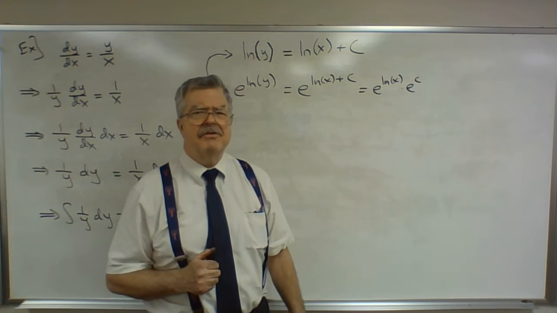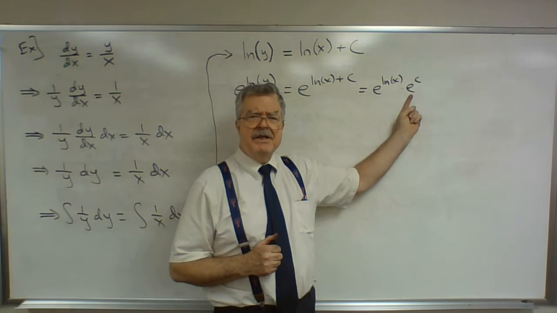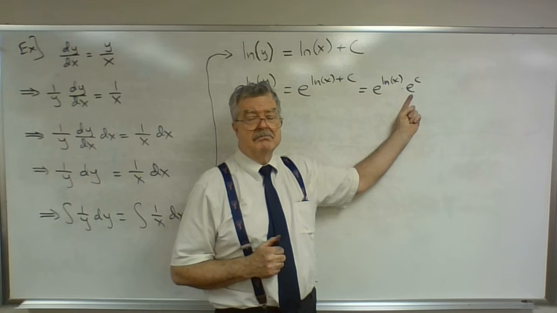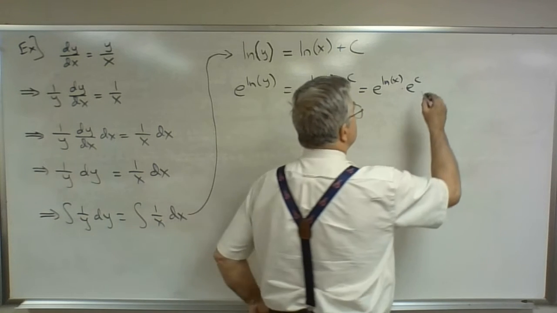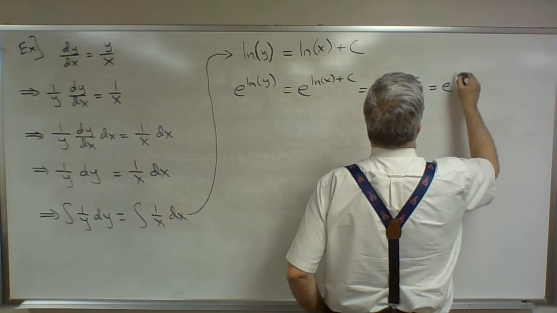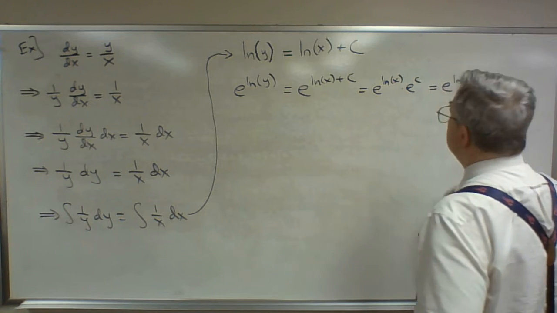Now let me ask you something. What do we get if we raise e to the power of a constant? Don't we get another constant? So we'll say e to the natural log of x times c1.